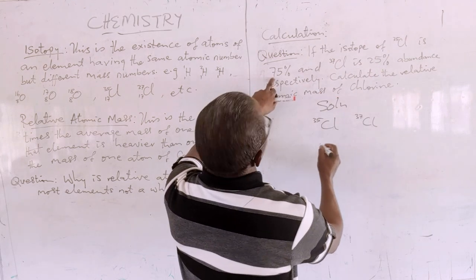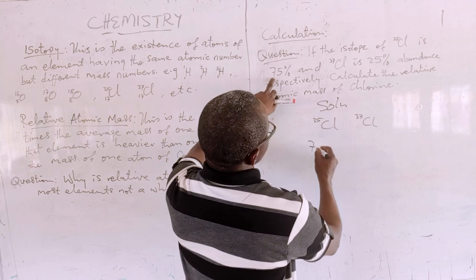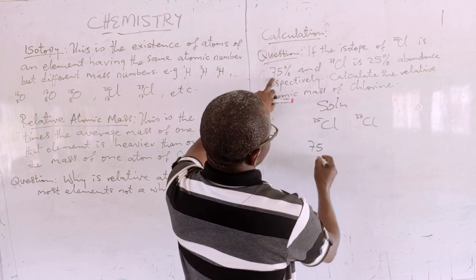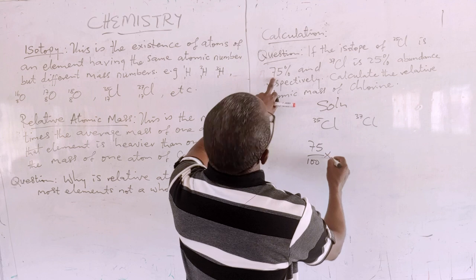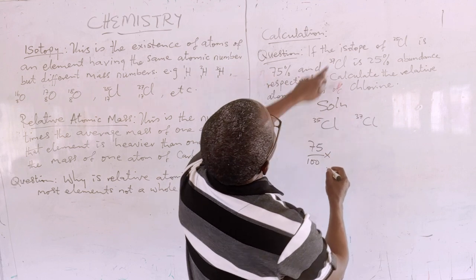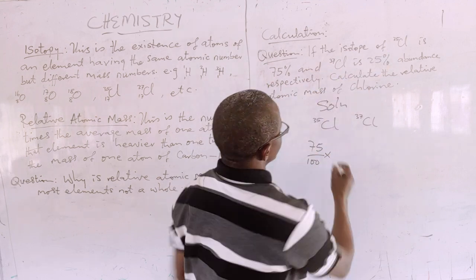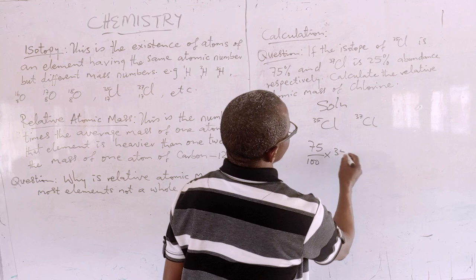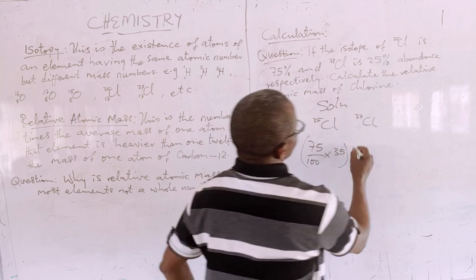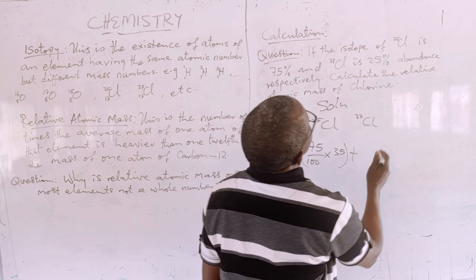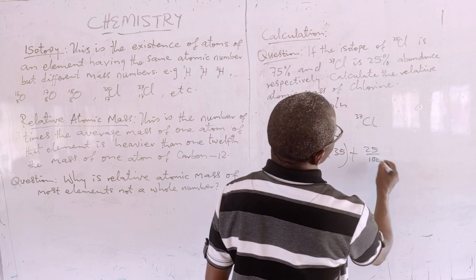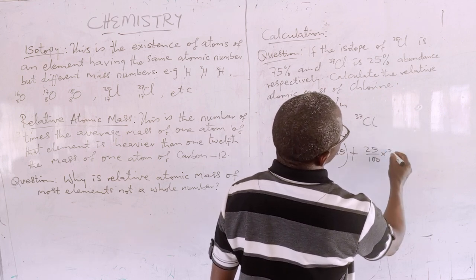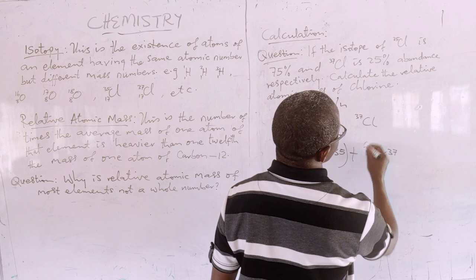So under this, I will say 75% means 75 over 100 times the 35, which is that mass there, plus that of this one, which is 25 over 100 times 37.